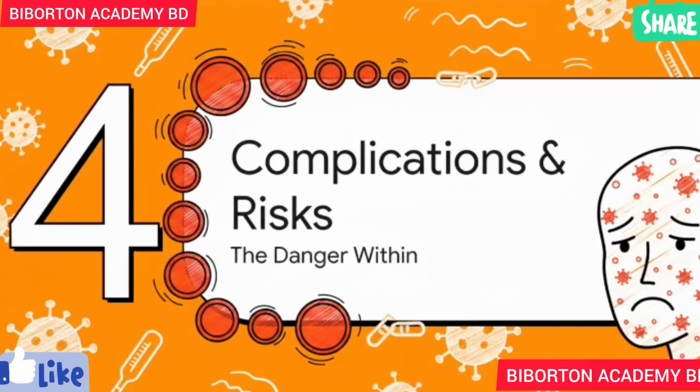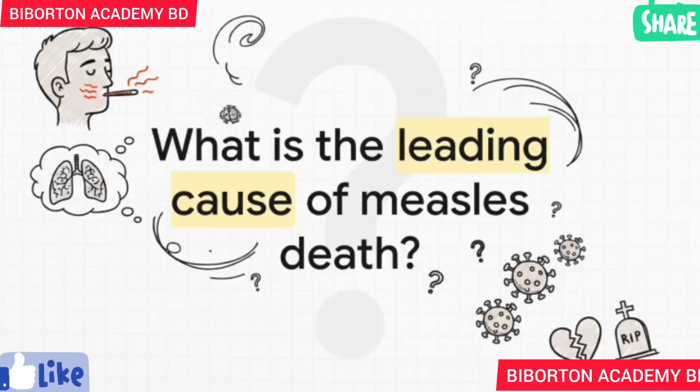Let's transition to Section 4, severe complications and risks. Now, I want you to think about this deeply for a moment. What do you suppose is the leading cause of death from the measles virus? Is it that soaring high fever? Or is it something else entirely?